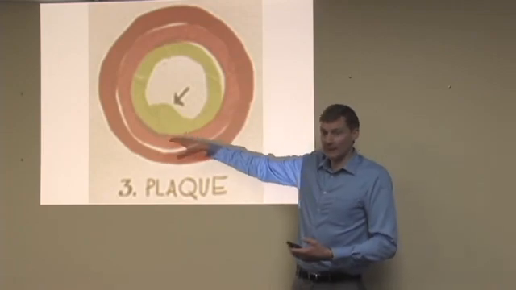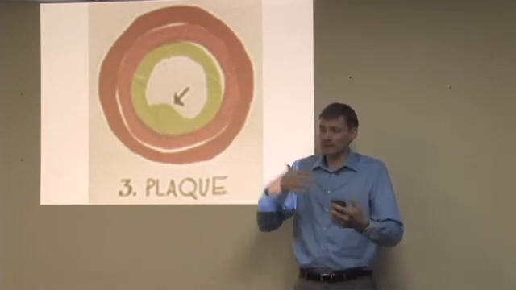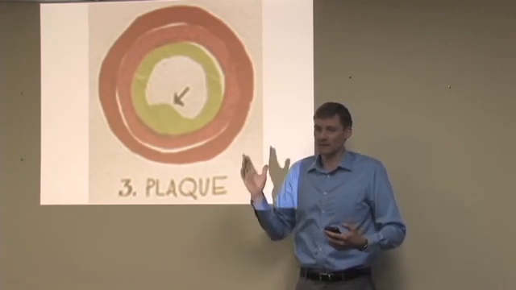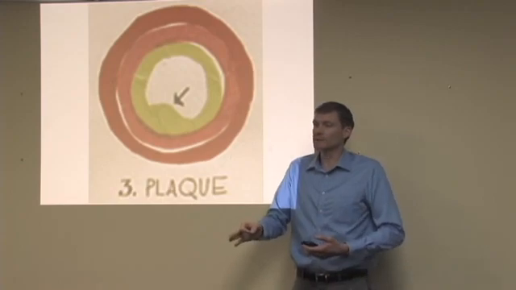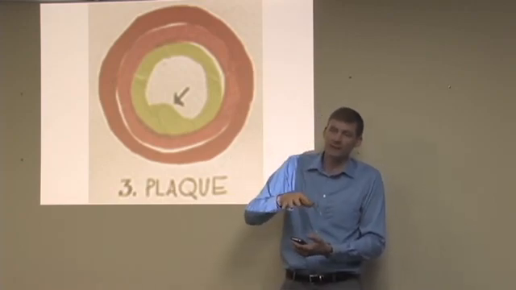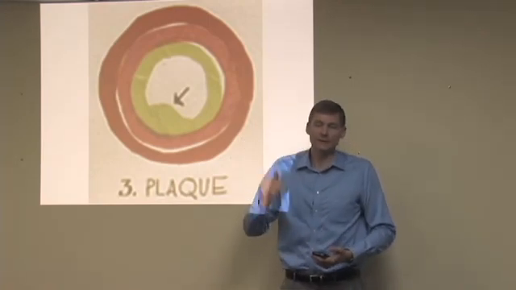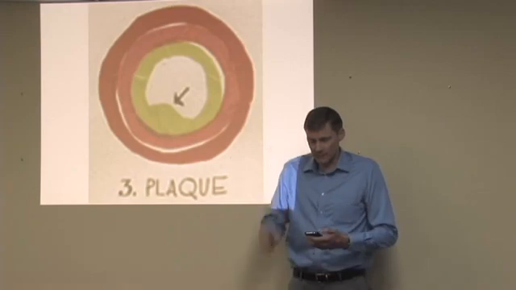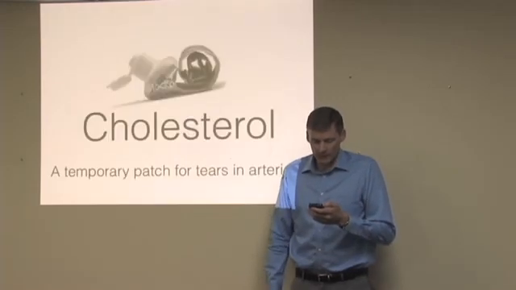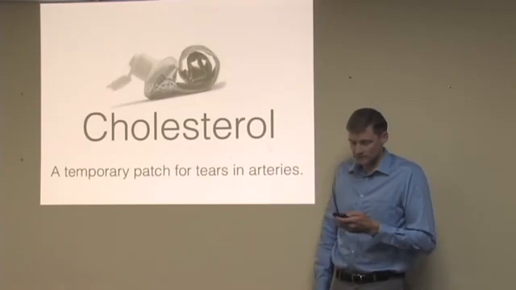But it ends up there because of the tear. It just gets stuck in there. That's what happens. Does that make sense? So cholesterol is a temporary patch to repair the tear that is not being repaired because of a deficiency of vitamin C. You got that? Now there's more to it, so just follow along here with me. Cholesterol is a temporary patch for tears in the arteries.